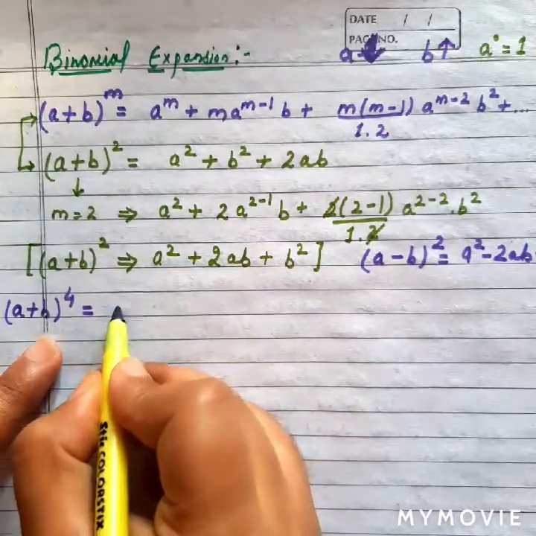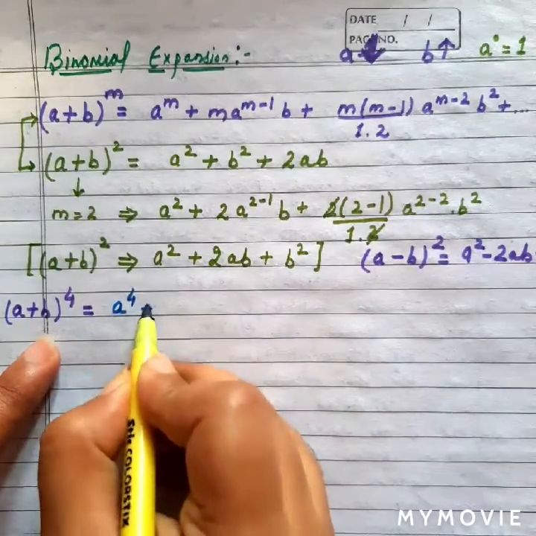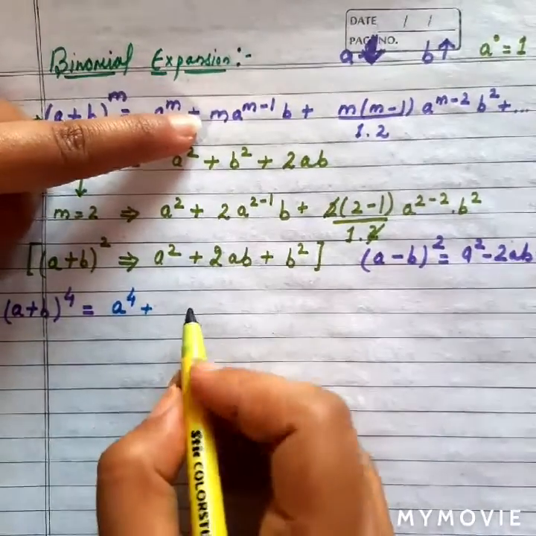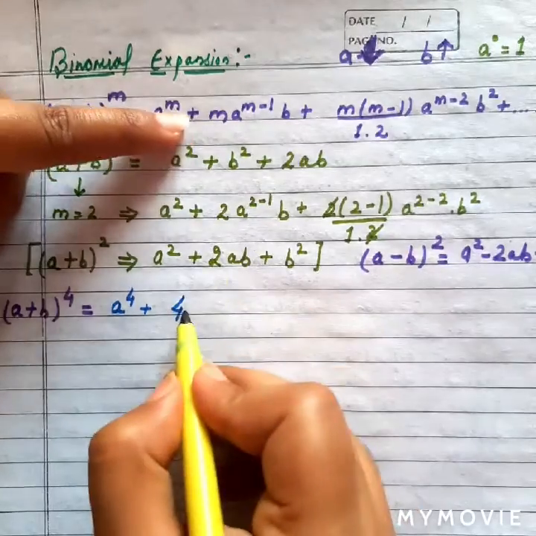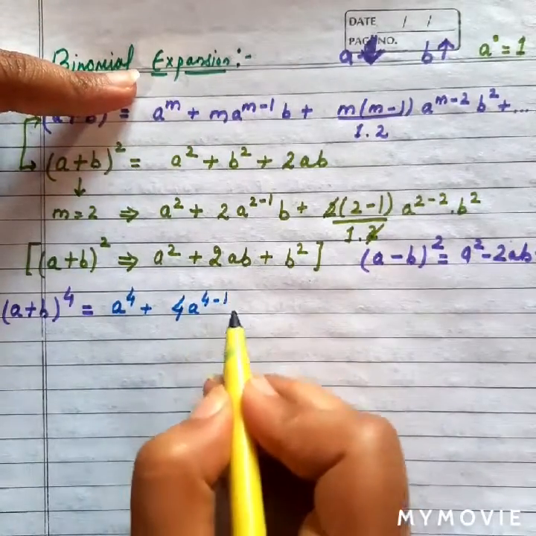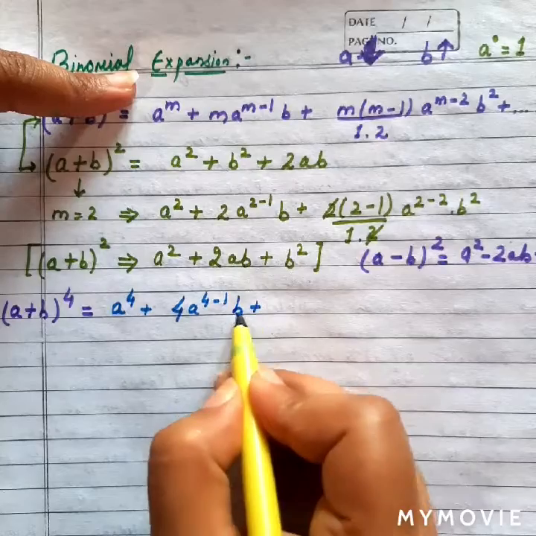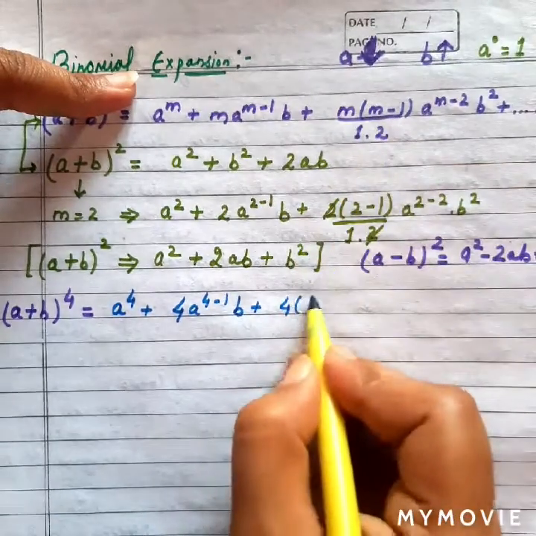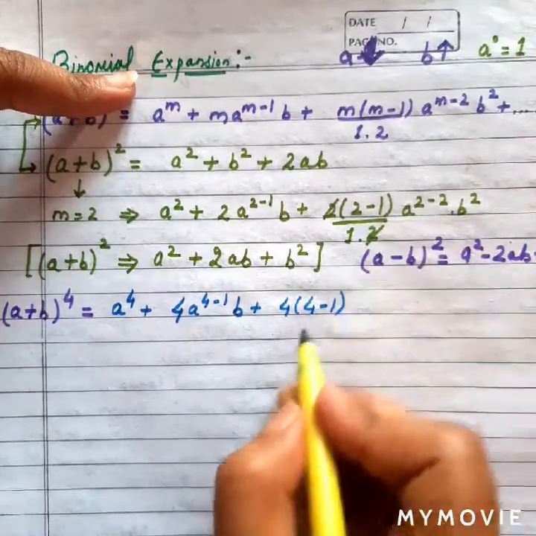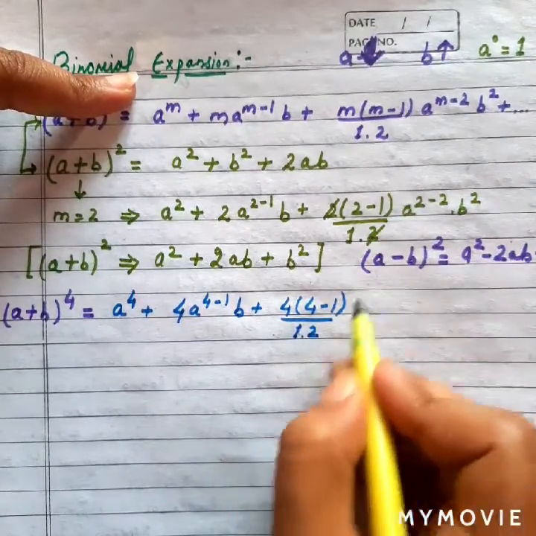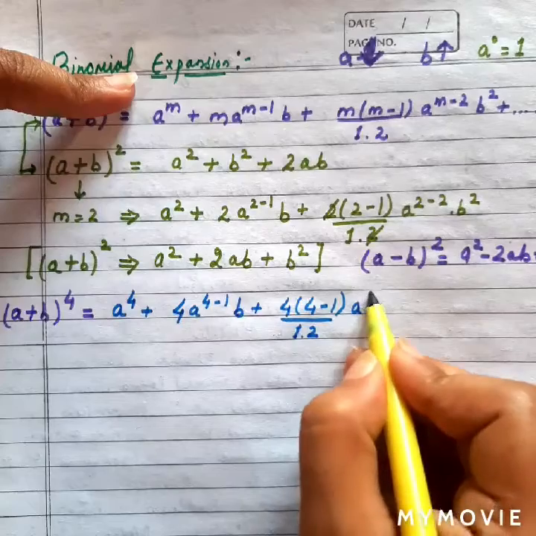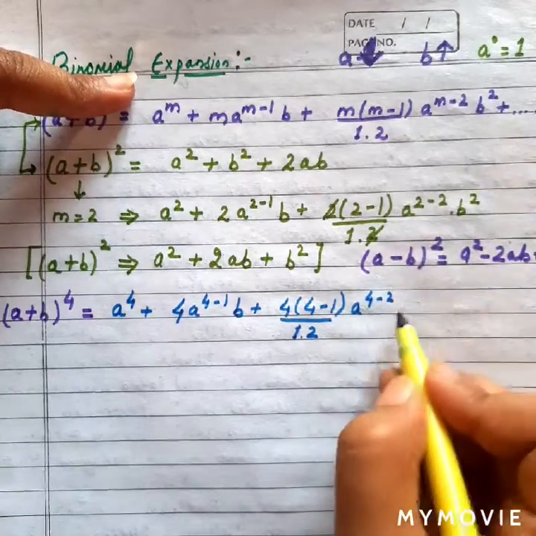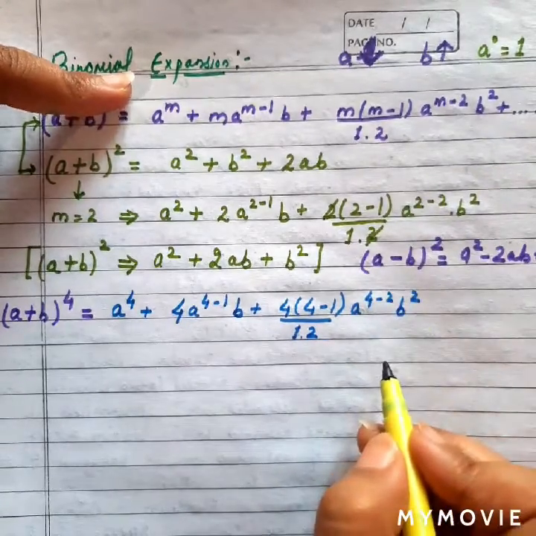We will fill in a raised to power 4, then m is 4, so 4 a raised to power 4 minus 1, then b, then 4 into 4 minus 1 upon 1 into 2, a raised to power 4 minus 2, b square, right?